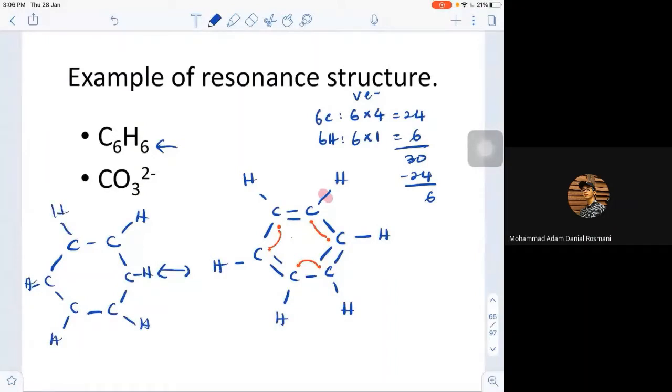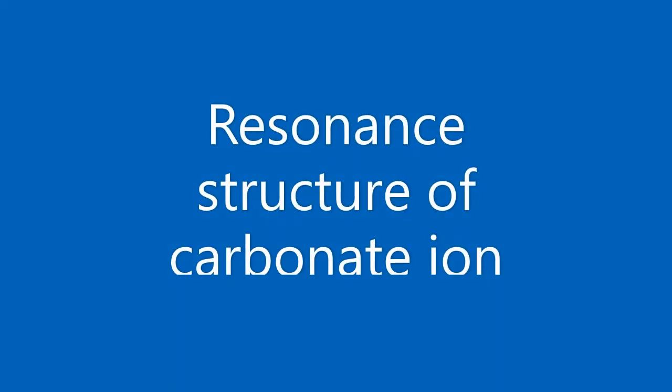Now the bonds are here. So there are 2 resonance structures of the benzene ring, C6H6.